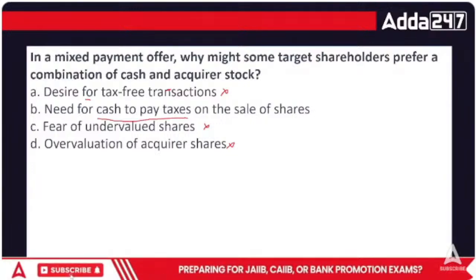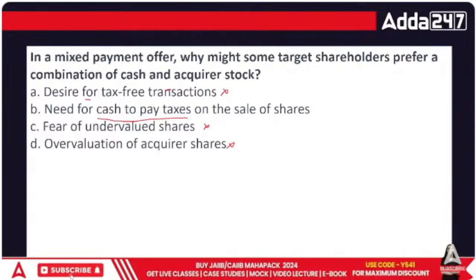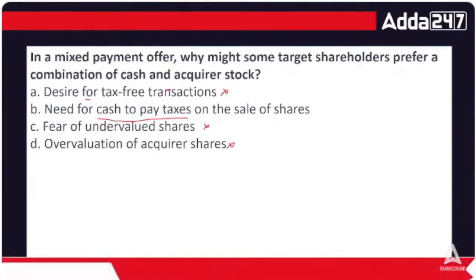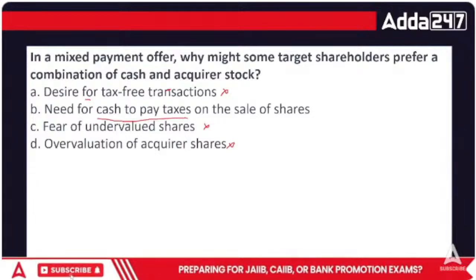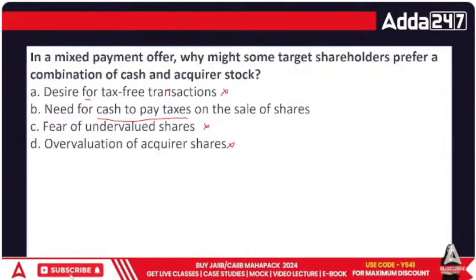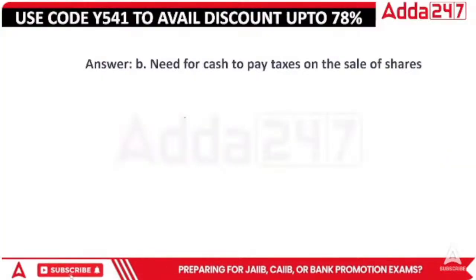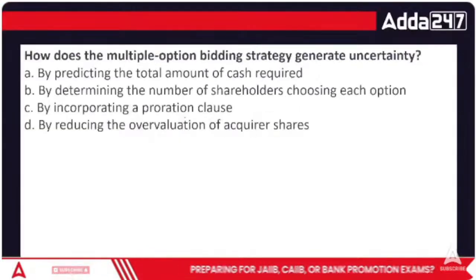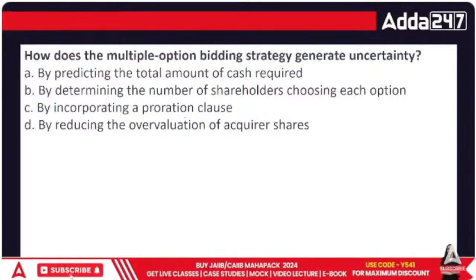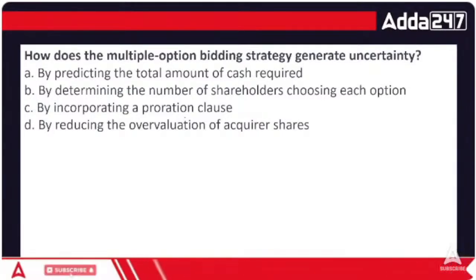What we would definitely want is that when we have to pay for the shares, we can pay from the money itself, rather than selling a share to arrange the funds for the particular transaction. That is better. So in this case, the need for cash to pay taxes on the sale of shares. That would be the answer. How does a multiple option bidding strategy generate uncertainty?